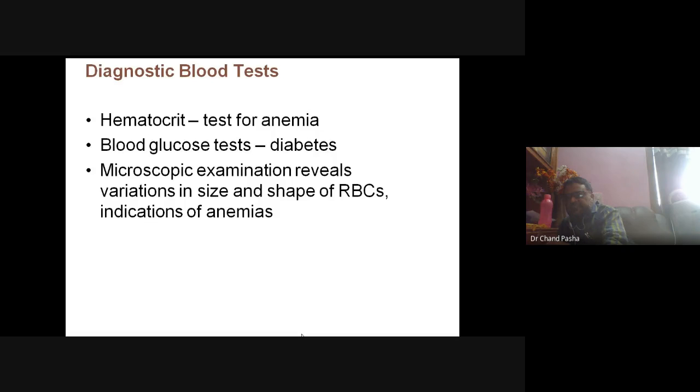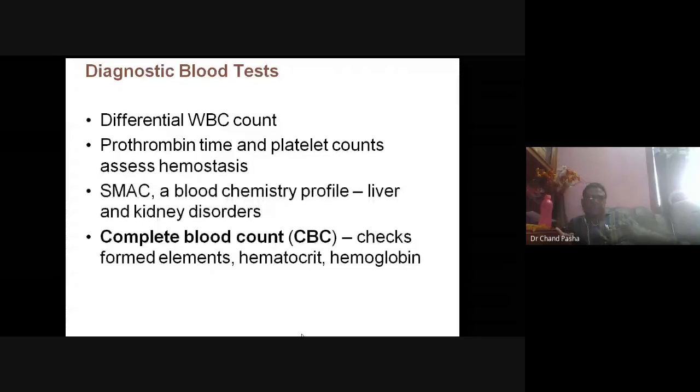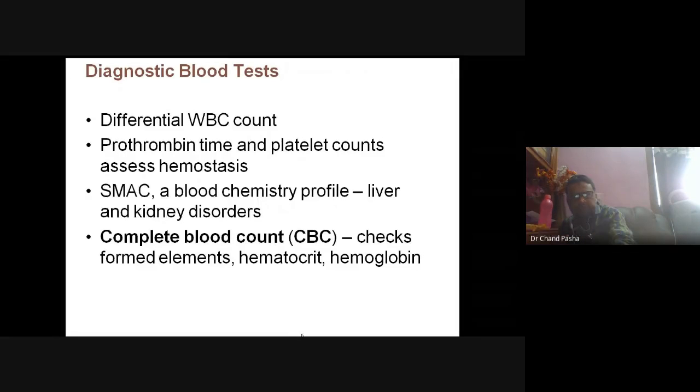What kind of sickle cells will be identified. Diagnostic blood test for deficiency, we already discussed in the beginning. Prothrombin time and platelet count assess hemostasis. SMAC is a blood chemistry profile for liver and kidney disorders. Complete blood picture gives information about all the remaining things. Check how many cells are there, hematocrit, hemoglobin, all those things will be discussed there.